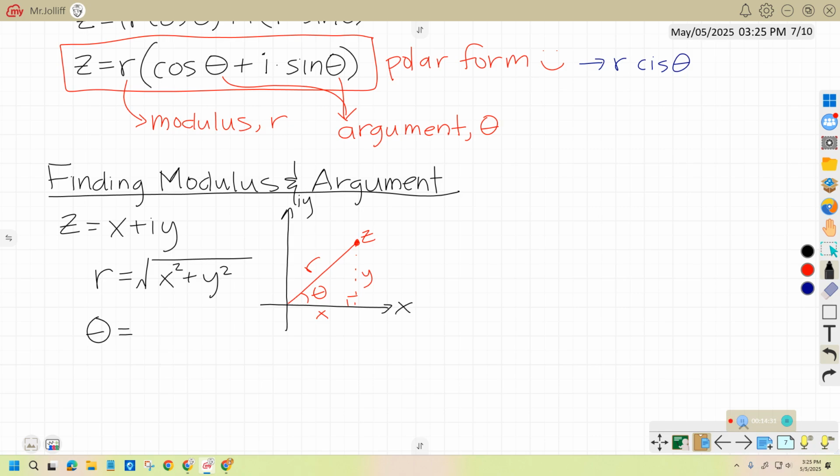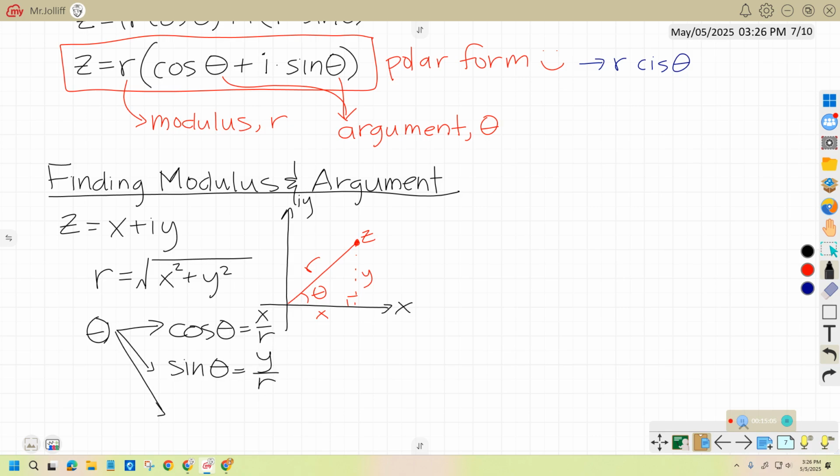And we saw that last week when we talked about converting between polar and rectangular coordinates. For theta, you have a couple of choices. You can set up cosine theta equals x over r. You can set up sine theta equals y over r.